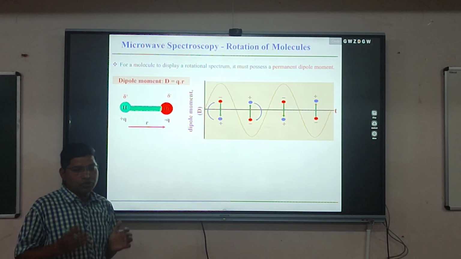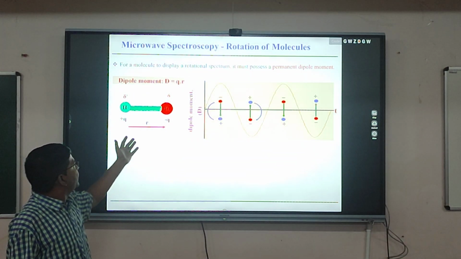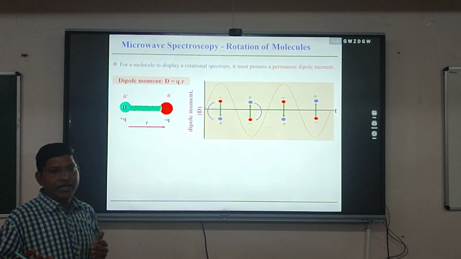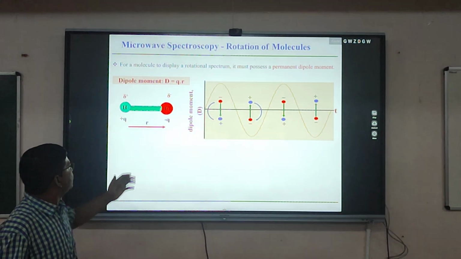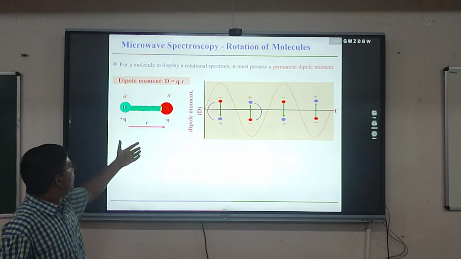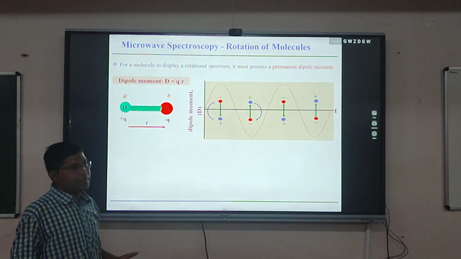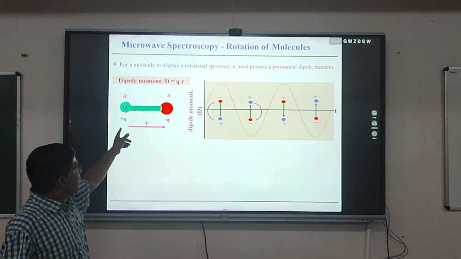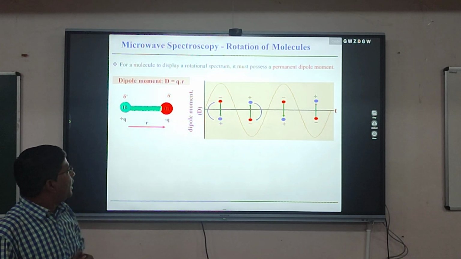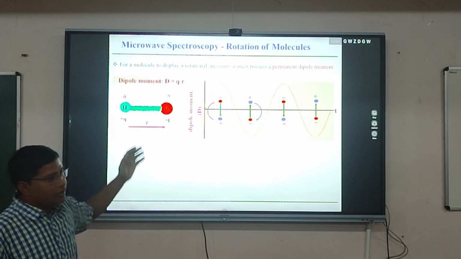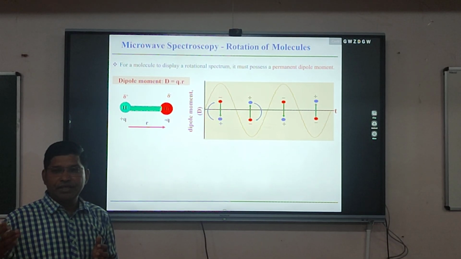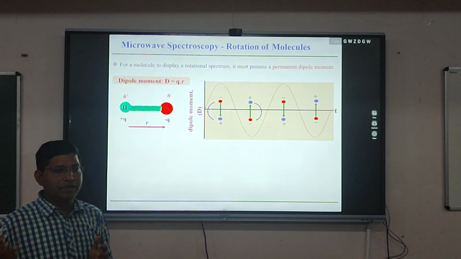So we call these polar molecules, and they have a dipole moment, because the dipole moment is the product of the charge and the length separating the two atoms in a linear rigid rotator diatomic molecule. Then the molecule should be microwave active in rotational spectroscopy.